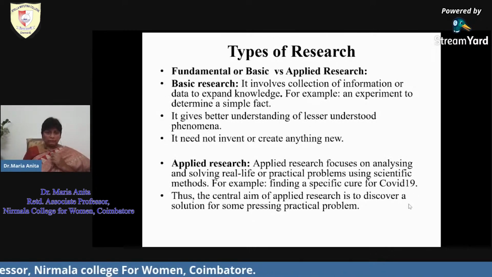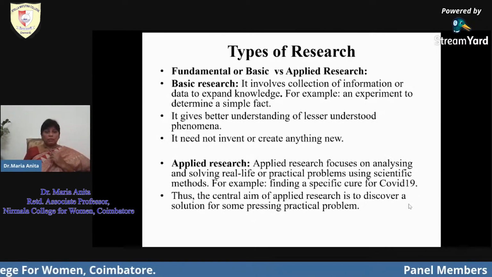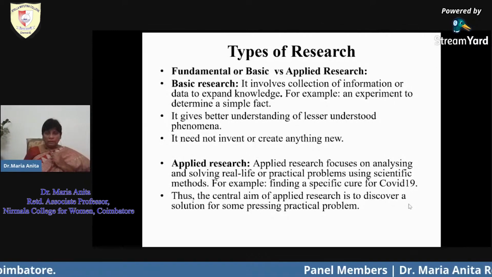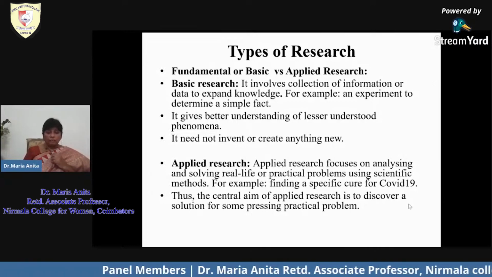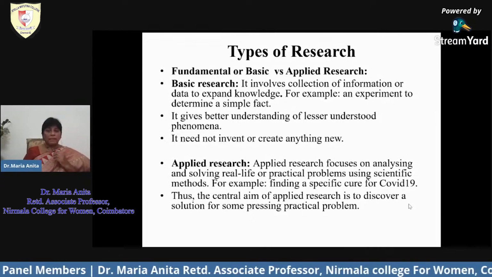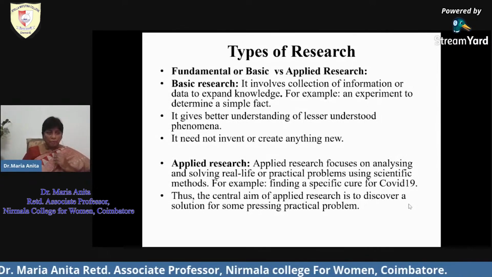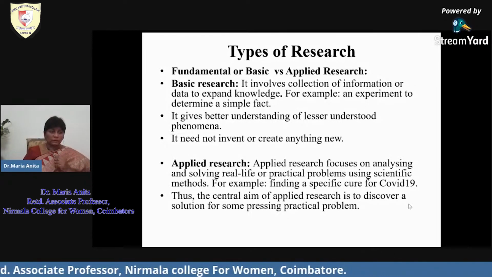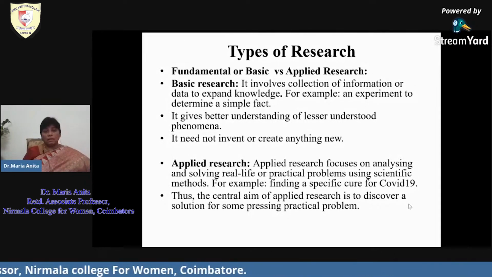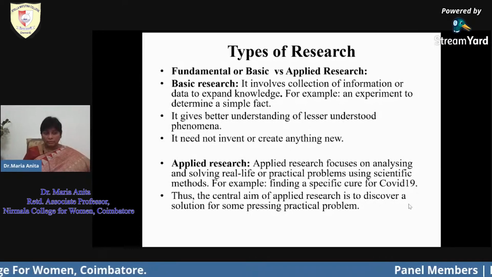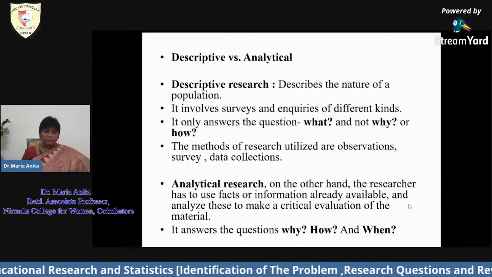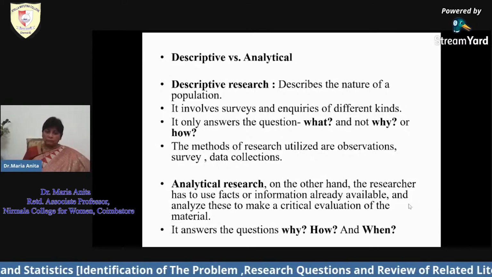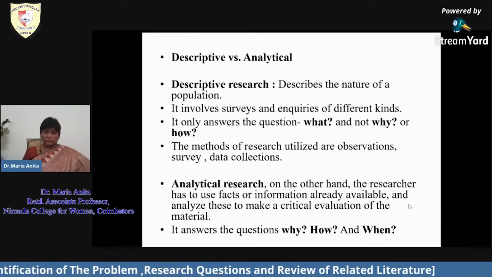It is more qualitative, and we are trying to understand lesser understood phenomena, and we are not interested in creating anything. But after finding a basic research, we can apply it. For example, you may do a basic research to understand what is required to combat corona. You also have other types of research which we call descriptive and analytical research.